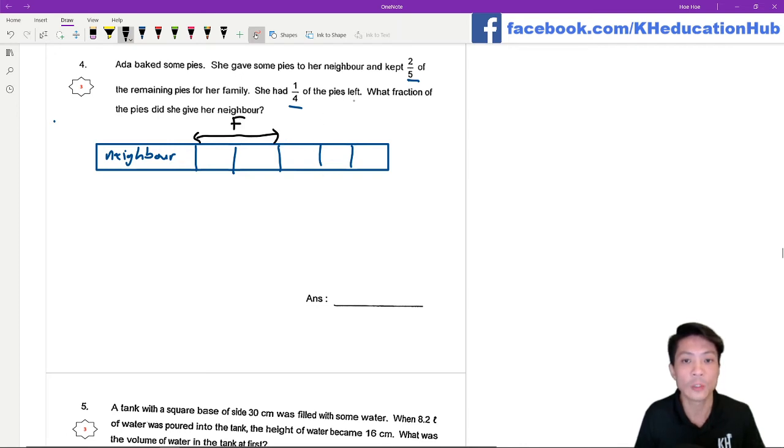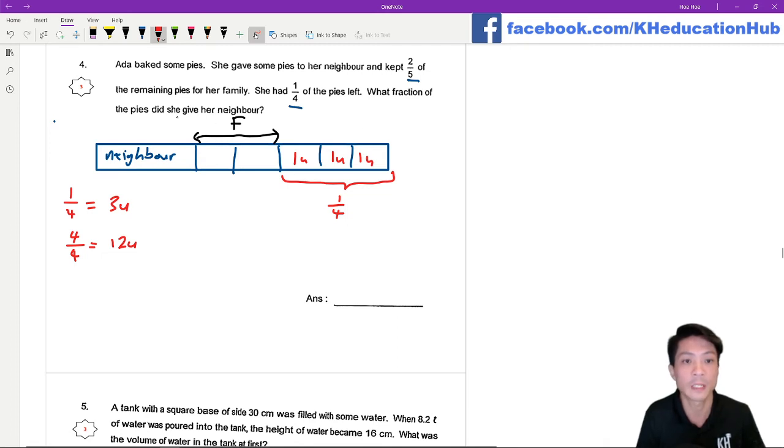So she had a quarter of the pies left, so this is the 1/4, okay, which is equal to 3 units. So the first thing we need to find is we need to know that a quarter is equal to 3 units, which means that 4/4 is equal to 12 units, right? So the whole thing, Ada baked 12 units of pies.